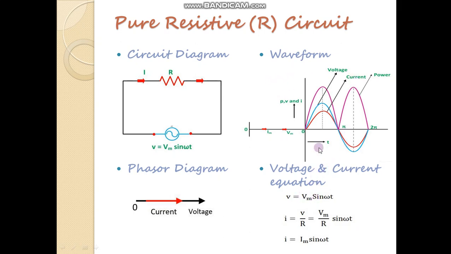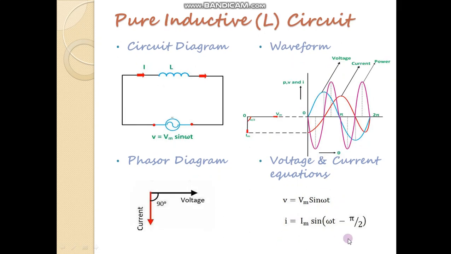So as the phasor angle between voltage and current is 0, the voltage and current equations will be V equals Vm sin omega t, and for current I equals Im sin omega t.